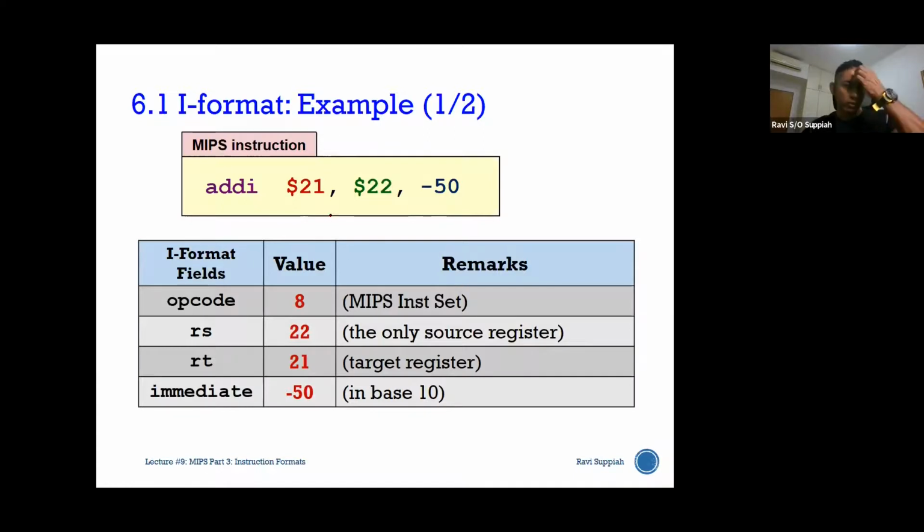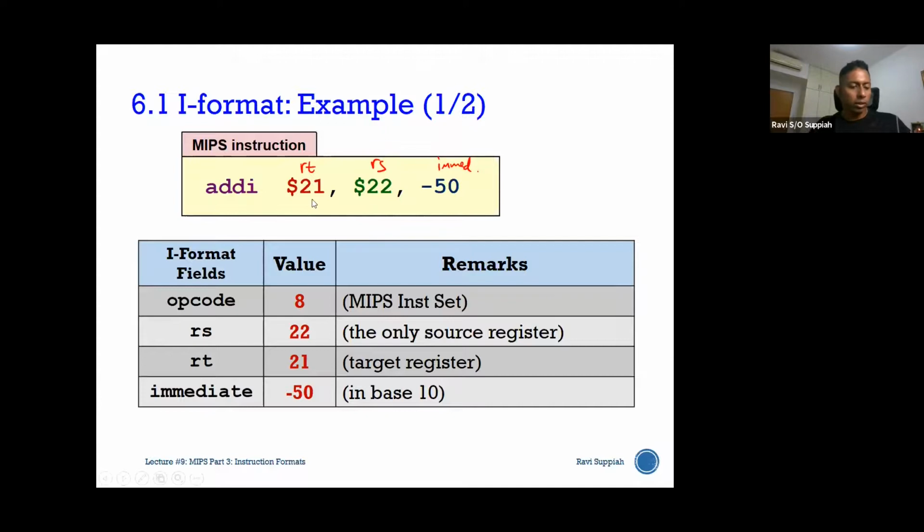Now let's look at this example. Add I 21, 22, and negative 50. The first thing is we know that this is your RS, this is your RT, and this is your immediate. Now for I-type instructions, you don't have any function field anymore. You only have opcode.